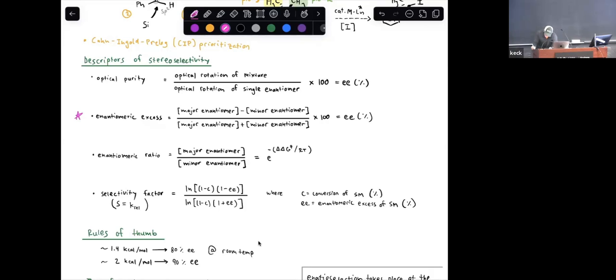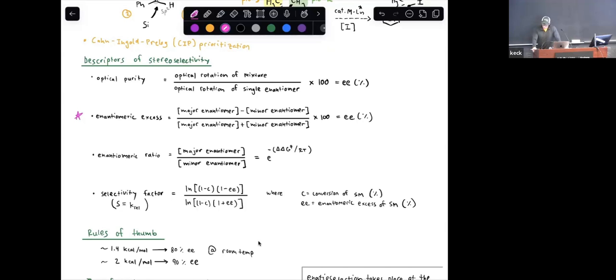And as it turns out, optical purity is directly related to enantiomeric excess. So this became a very convenient way for people to report enantioselectivity because they could just read out the optical rotation, optical purity, and then report effectively directly on ee.